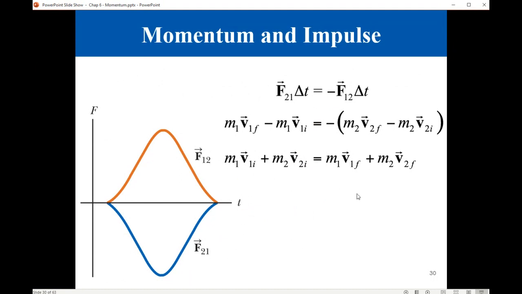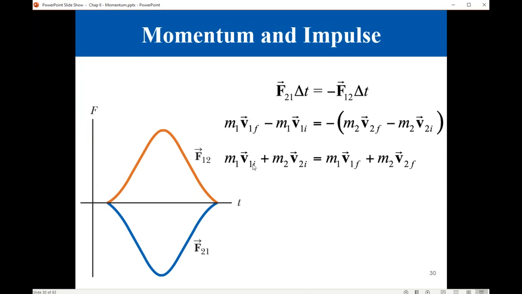Okay? So here m1 v1 initial plus m2 v2 initial, this is the momentum before collision, equals m1 v1 final plus m2 v2 final. This is the momentum after collision. This is the meaning of momentum is conserved.